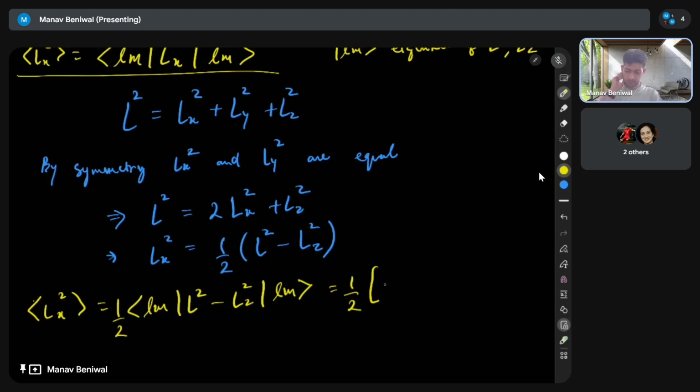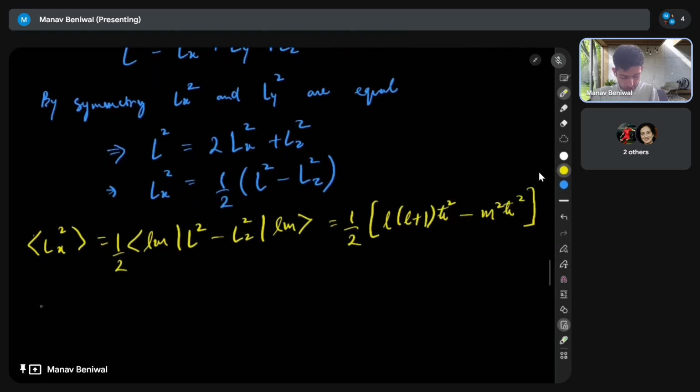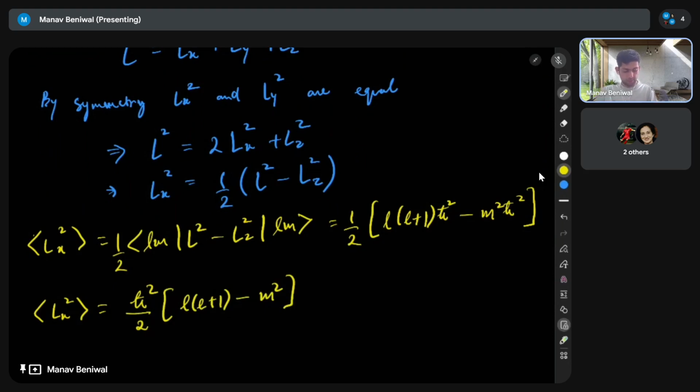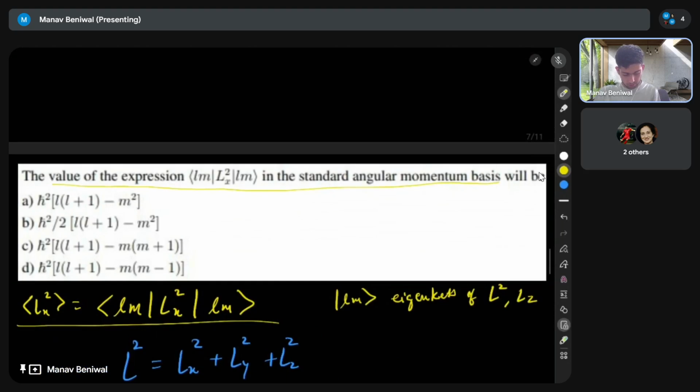That will give us L times L plus 1 h cut squared, and Lz squared operating on Lm will give us minus m squared h cut squared. So if we take out this h cut, we'll have h cut squared over 2, and inside we have L times L plus 1 minus m squared. So option B.